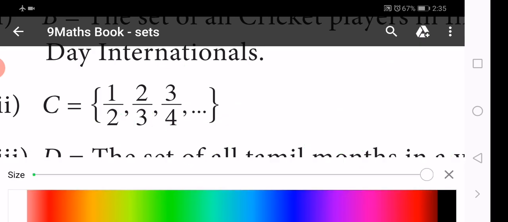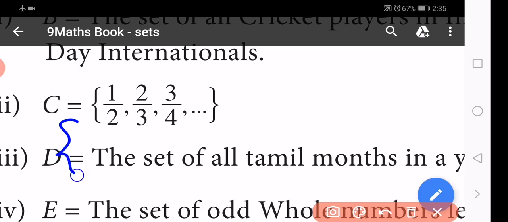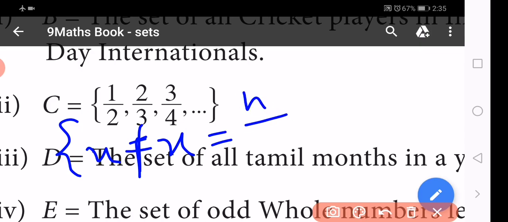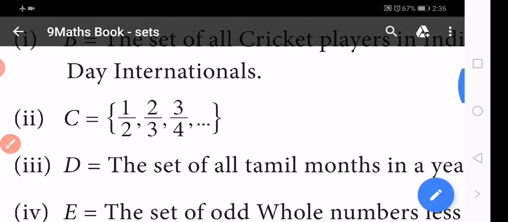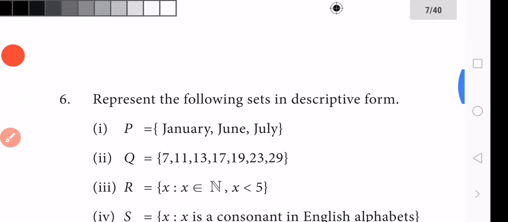So the set builder form: for all x such that x equals n divided by n plus 1, comma, then what is n? n belongs to natural numbers. That is the set builder form of the second sum. Okay, do you understand? Okay students, and the last one, the sixth.